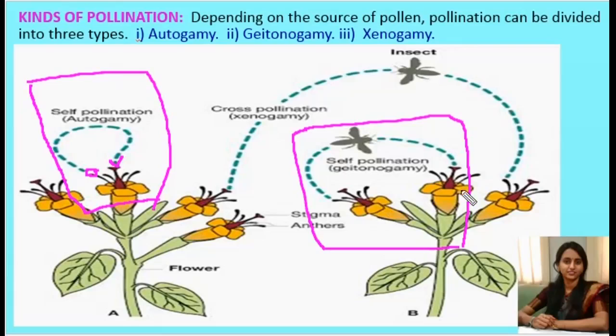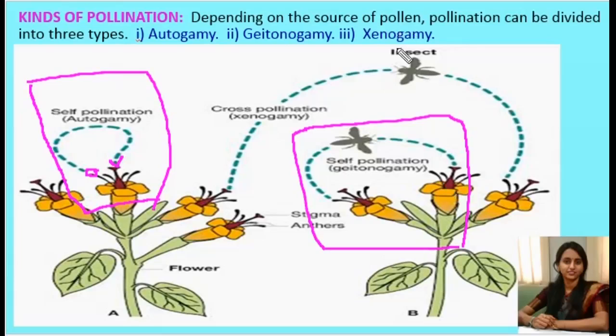Here both flowers are present on the same plant. Okay, so pollen grains come from one flower, and this pollen grain is being transferred to the stigma of another flower. So this is known as what? Geitonogamy. Geitonogamy is genetically self-pollination because both male and female gametes come from a single parent.